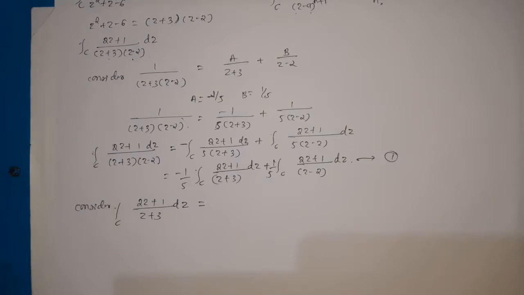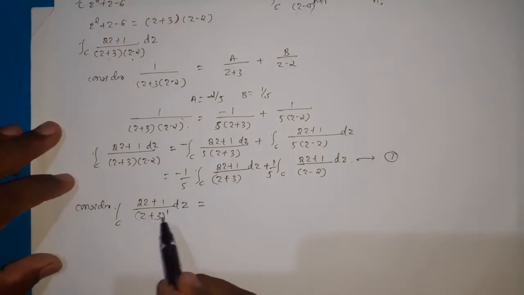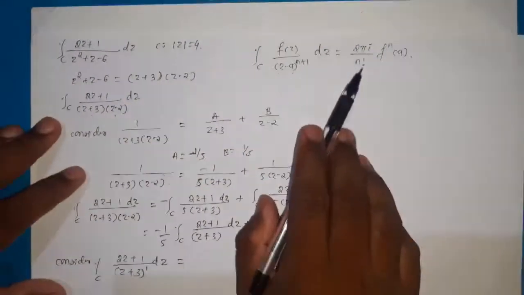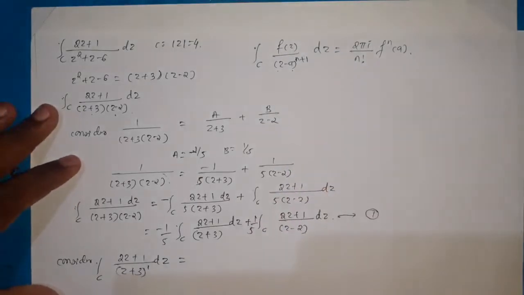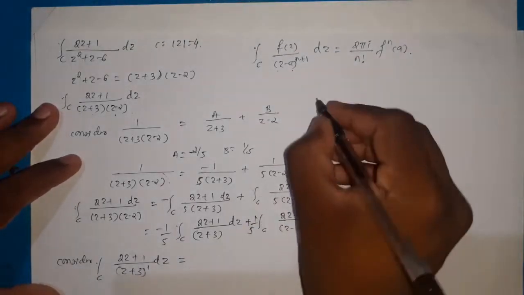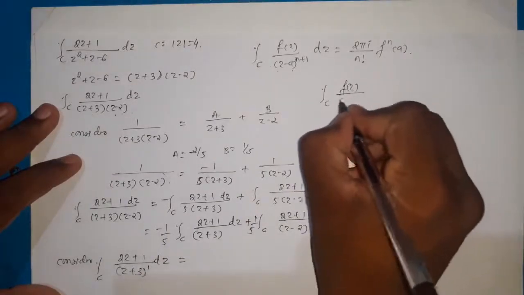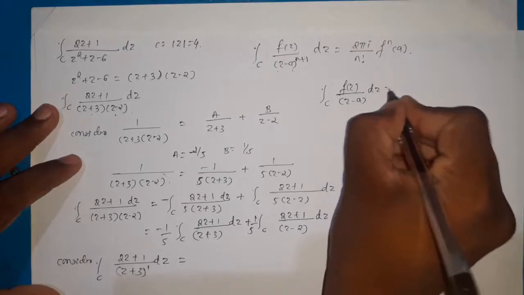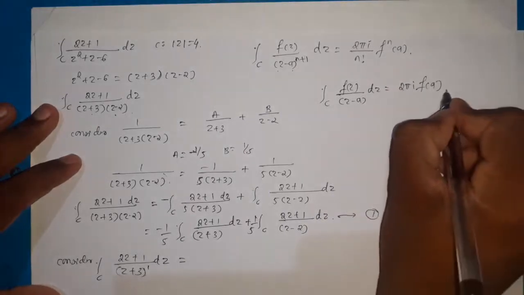Cauchy's integral formula for derivatives is not applicable, because here the power of z plus 3 is 1, meaning we get n equal to 0 in the formula. Means this integral is of the form f of z divided by (z minus a) dz, which is equal to what? 2 pi i f of a, right?